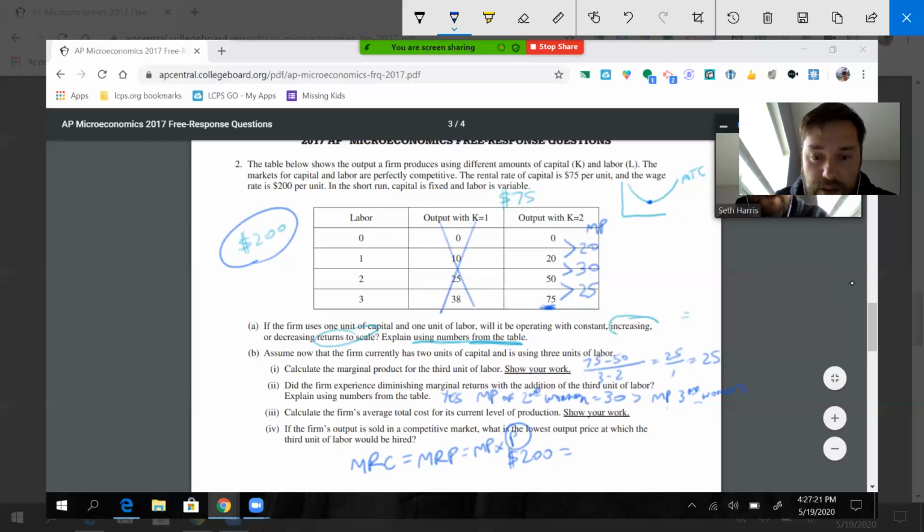We know the marginal product for the third worker is 25, and we multiply that by our unknown, which is price. Now we have an equation. We divide both sides by 25. So price equals 200 over 25, which equals $8.